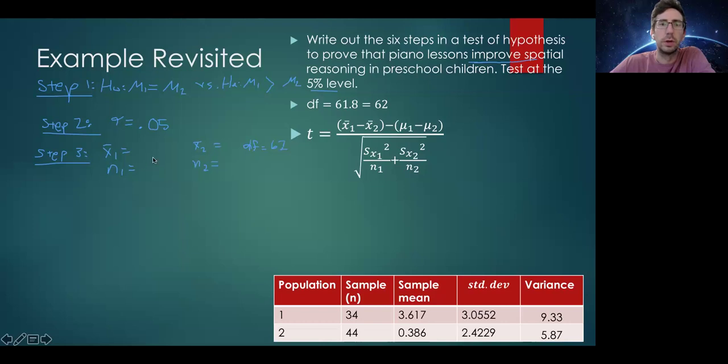We could calculate it here in step 3 if we didn't have it. So our sample mean is 3.617. Sample size is 34 for our first sample. Sample mean from the second group was 0.386, and our sample size from our second population was 44.